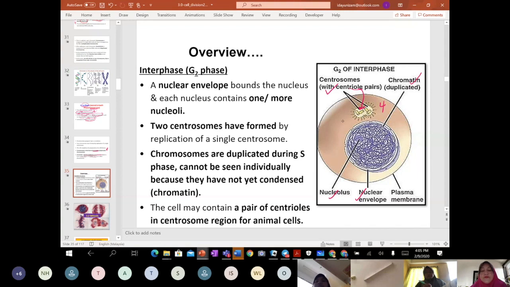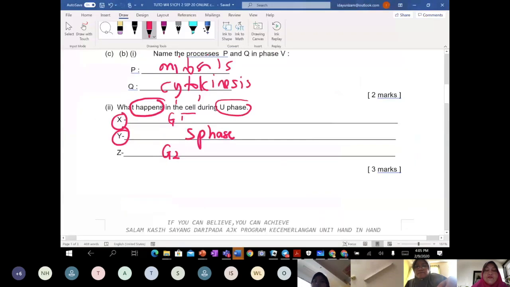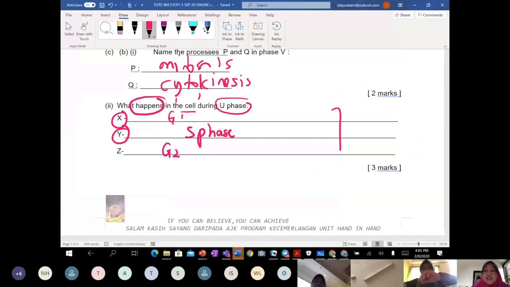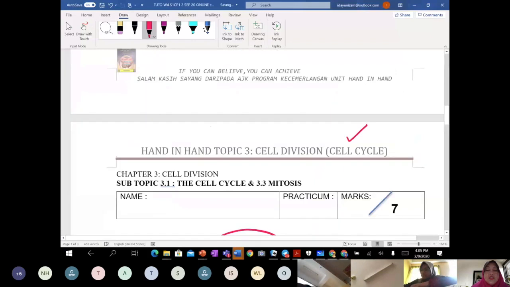A pair of centrioles in the centrosome region for animal cell. So this is all overview. Back to our question just now. We have discussed this, consider done. You can jot down. This one also done.